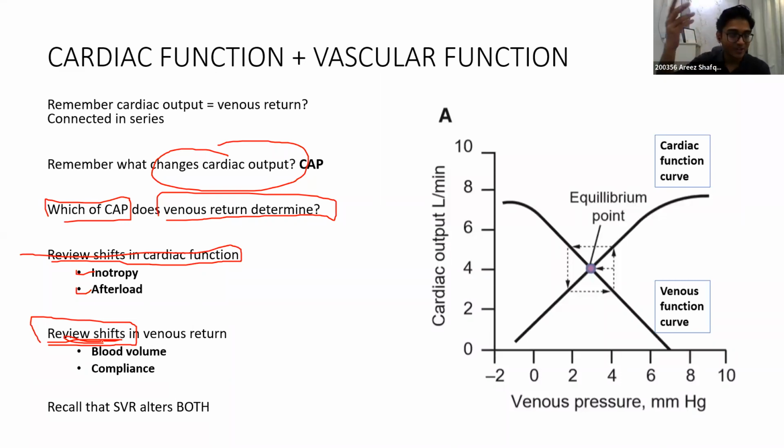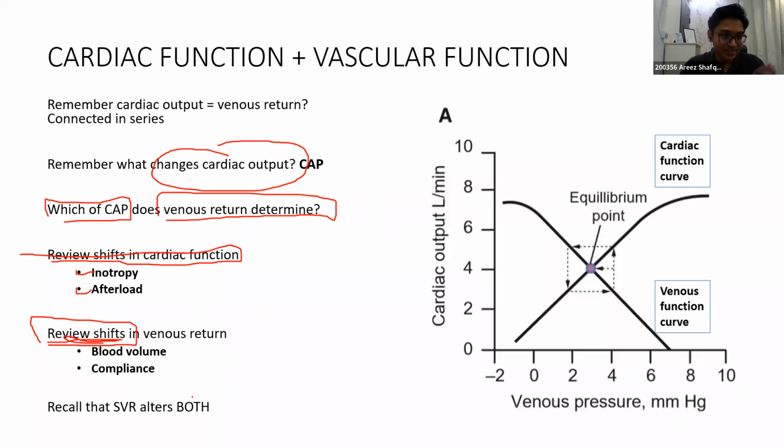Increased blood volume causes increased PSF to increase venous return. Decreased blood volume decreases PSF to decrease venous return. Compliance: if I venoconstrict, I will decrease compliance. I will increase PSF, I will shift the curve to the right. If I venodilate, I decrease the PSF, the curve shifts to the left and venous return will decrease. So these are the shifts in the curve.